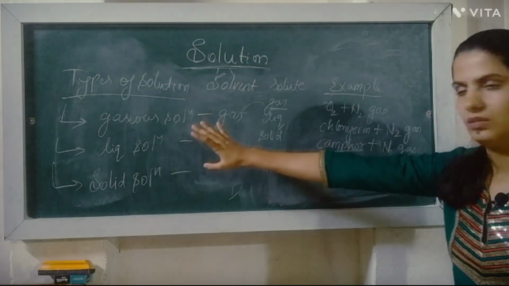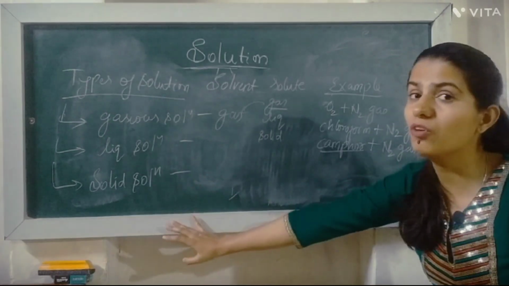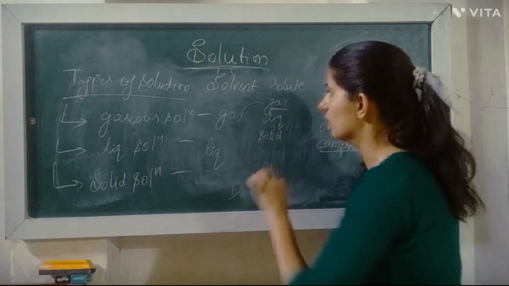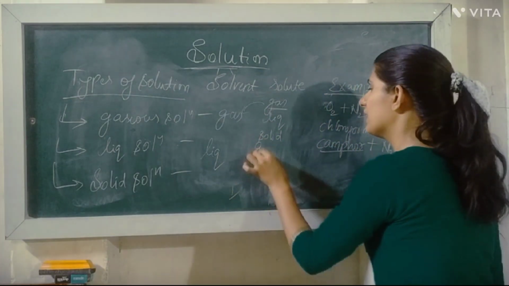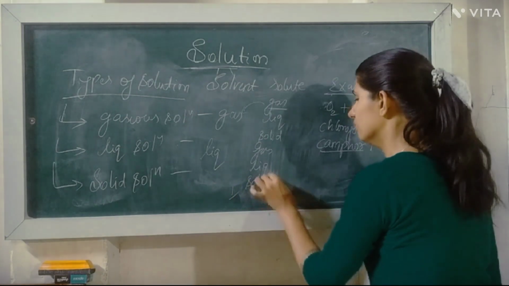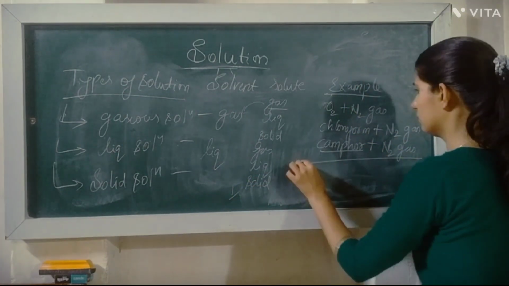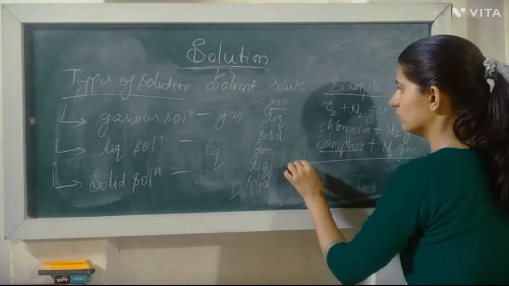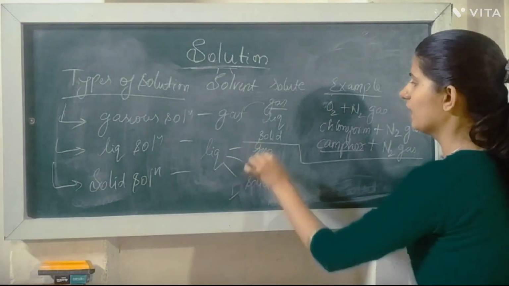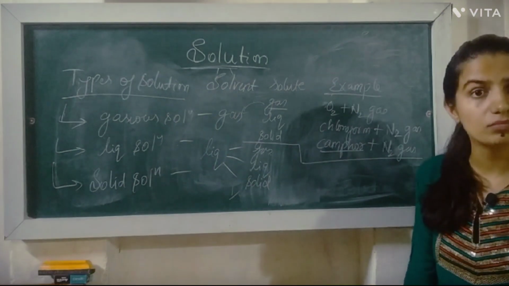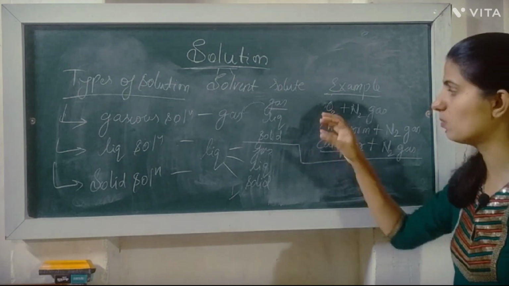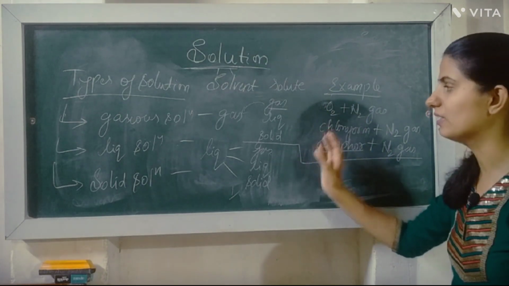Next we will move on to the liquid solution. Here the solvent is going to be liquid, and solute can be again gas, liquid and solid. Now you just tell me gas and liquid. Gas in liquid. Gas should be present in the smallest amount, and the solvent is going to be liquid.